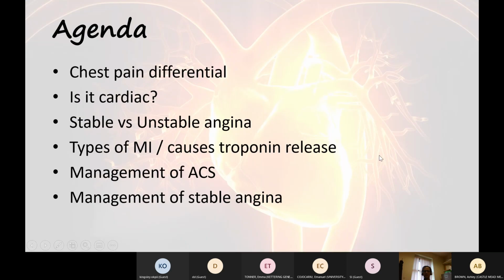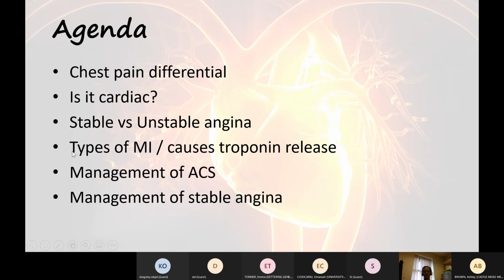So we're going to talk about the differential diagnosis of chest pain and how do we decide if chest pain sounds cardiac or not. Then we'll talk about what features suggest stable versus unstable angina.